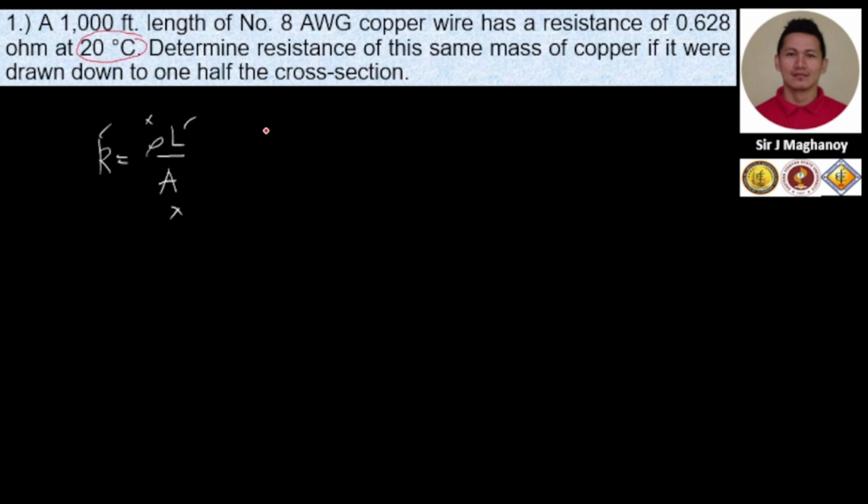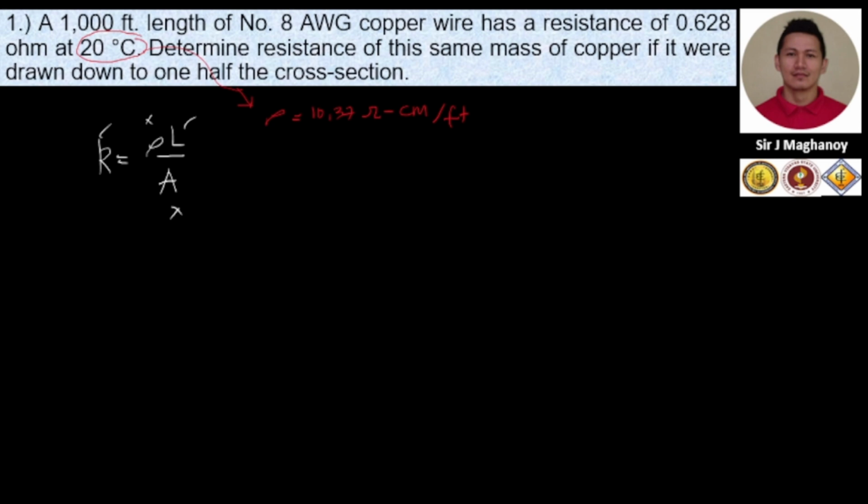If you recall our lecture problem discussion in part 1, we have the value of resistivity at 20 degrees Celsius standard. That is equal to 10.37 ohm circular mil per foot.